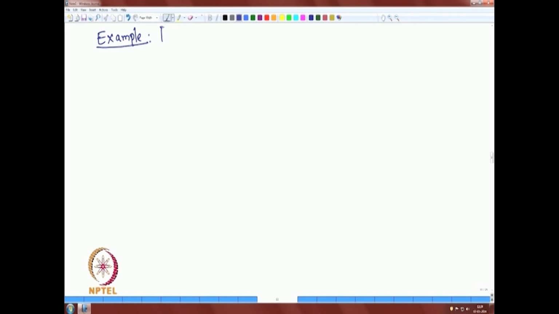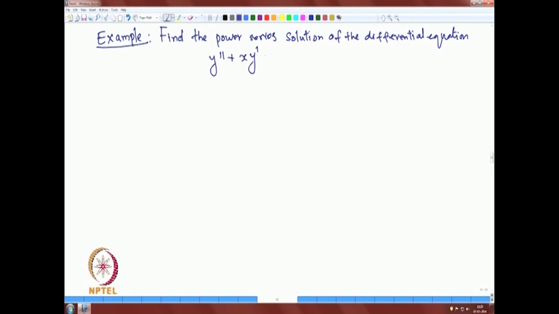The question is to find the power series solution of the differential equation given by y double prime plus x y prime plus (x square plus 2) y is equal to 0.